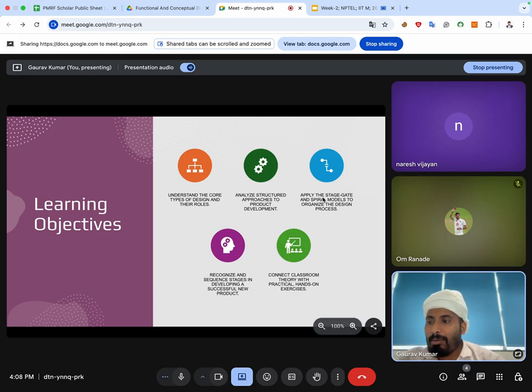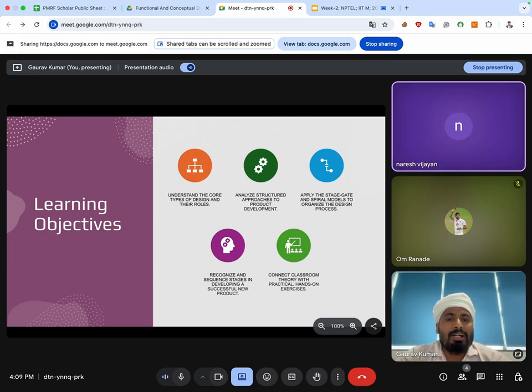Next is to apply the stage gate and spiral models to organize the design process. We will not just understand them, we will practice using these models to map the steps in the design journey. So you will be able to organize your own design projects, whether you are building a startup prototype or a class submission.